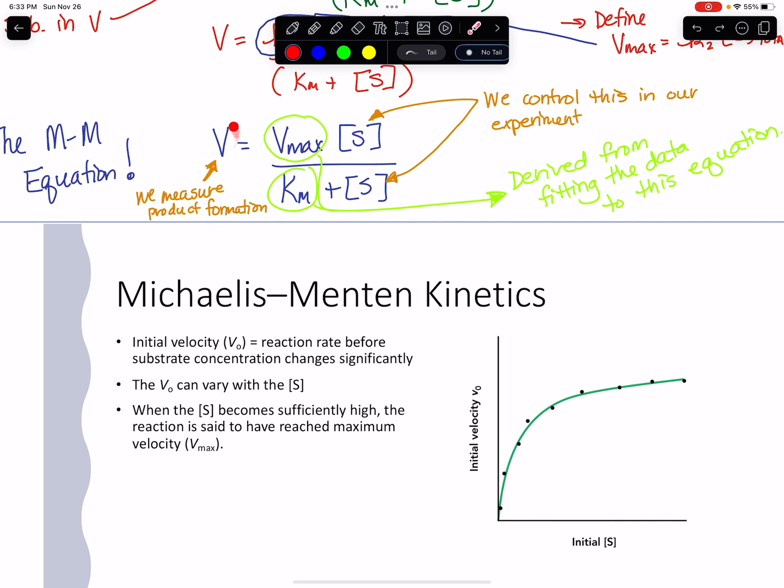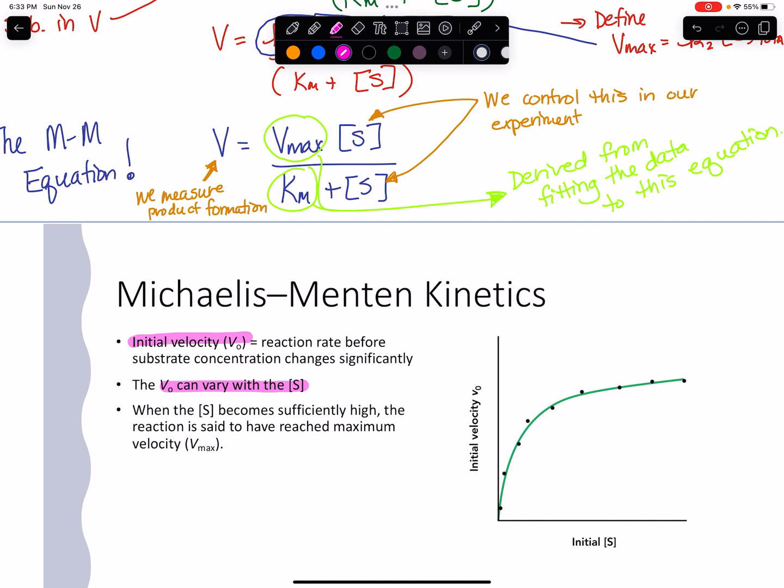So this rate we measure is V0. We're going to measure the initial velocity. And depending on your affinity for your substrate and your ability to do the reaction, that V0 will vary with your substrate concentration.